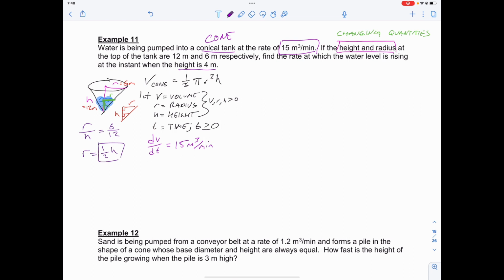We know we're doing this for when the height is 4. And the other thing that's really important to note is it wants us to find the rate at which the water level is rising, which means what I'm trying to solve for is dH over dt.